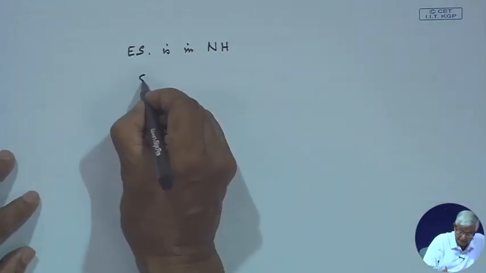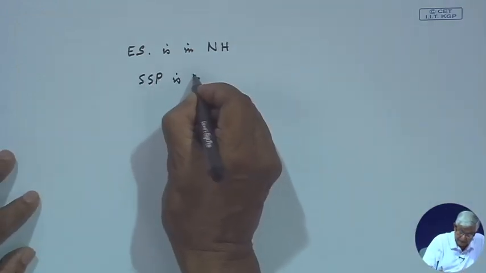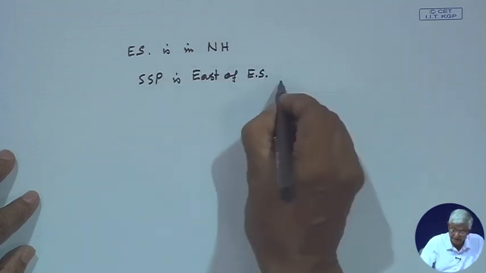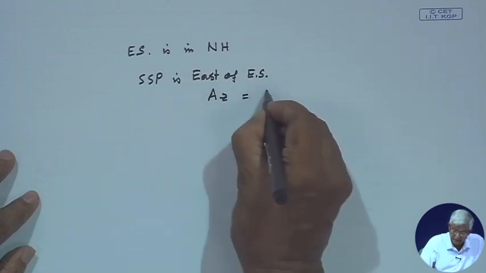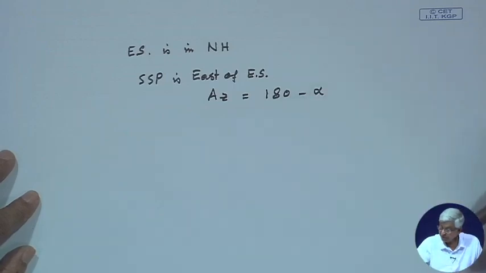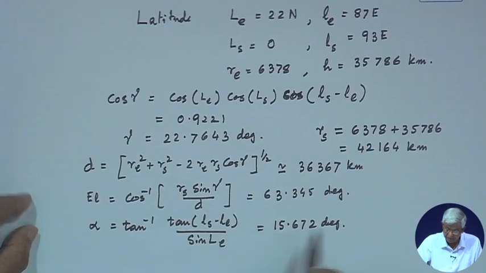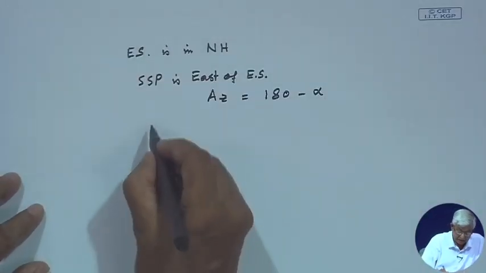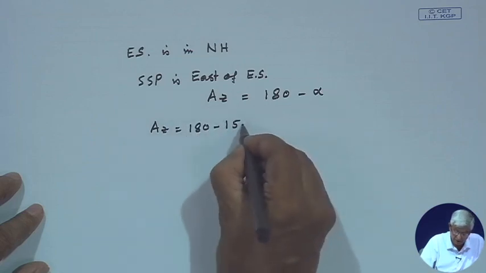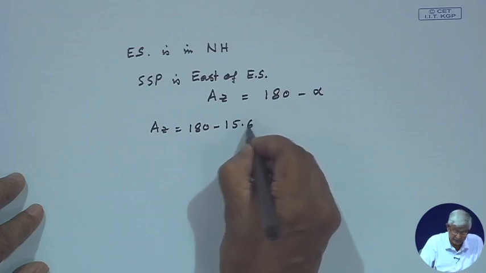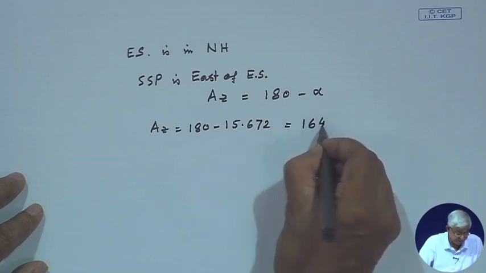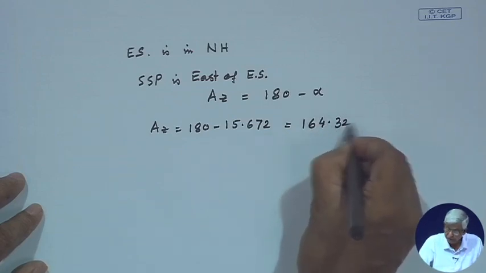So, if SSP is east of earth station, then azimuth is 180 minus alpha. Since alpha we have found out, alpha is 15.672 degree. So, the azimuth is 180 minus 15.672 degree. So, it comes out to be 164.32.